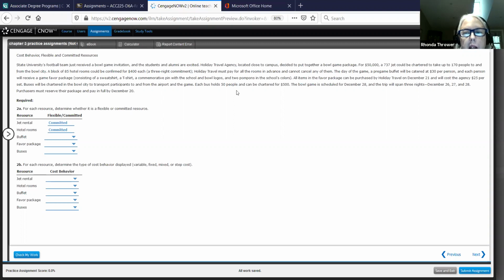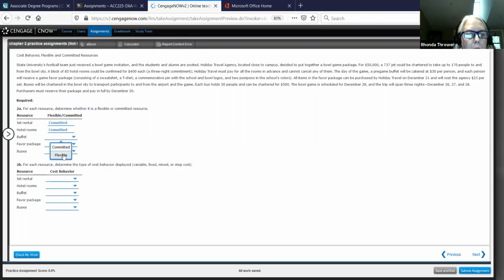Now for a buffet, when we read about the buffet, it says the buffet will be catered at $30 per person. Well, right now we don't know how many people are going to be attending the buffet. So this is an example of a variable expense, and it is considered to be a flexible expense.